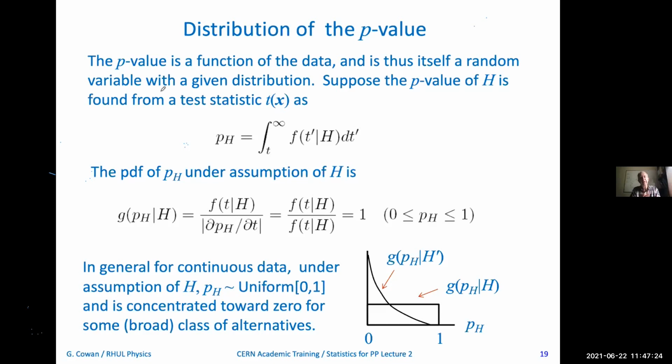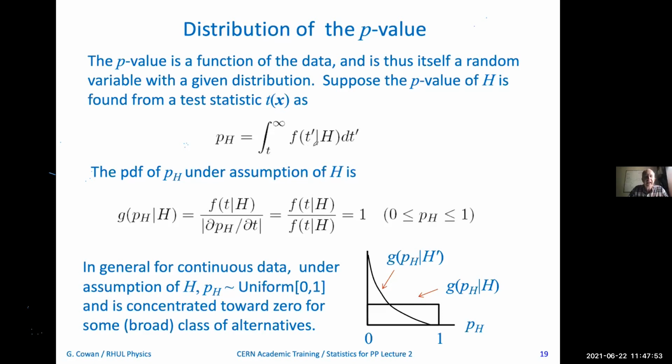If you repeat the observation under the assumption of h, the p-value would have some distribution. What is that distribution? Well, the defining equation for the p-value is that you integrate over the data space over this equal or lesser compatibility area, which we just said was the integral from t to infinity of the PDF of t.